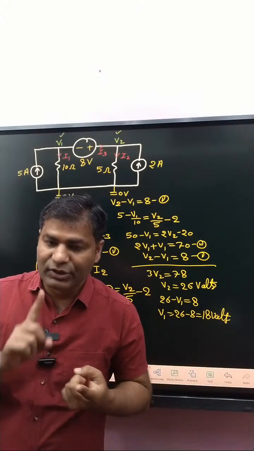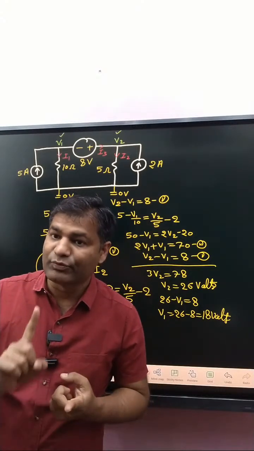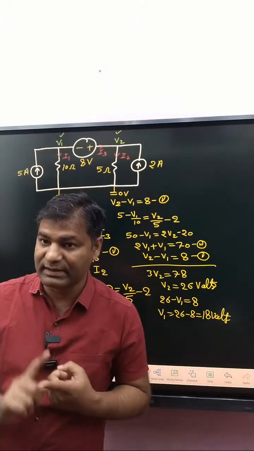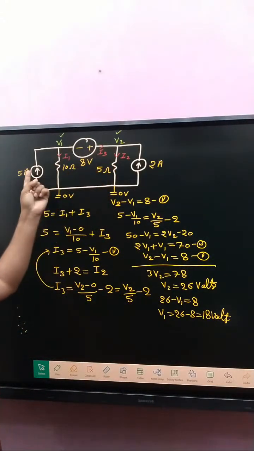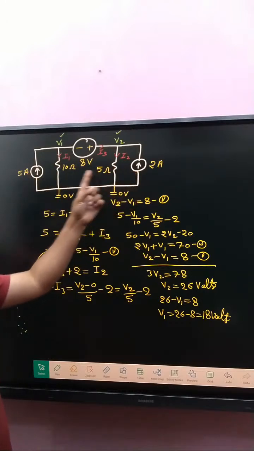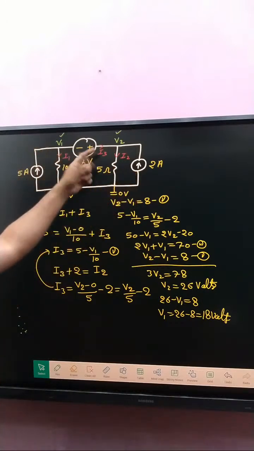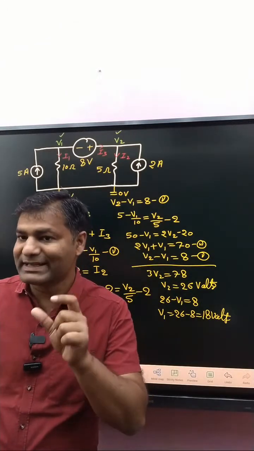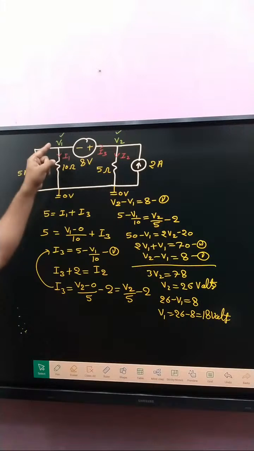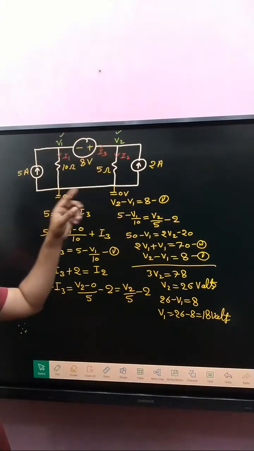Nodal analysis says the first step is, first of all decide branch currents. This current and that current are already given. So we have assumed here I1, here I3, here I2. Next step, decide node voltages, that voltage and that voltage.